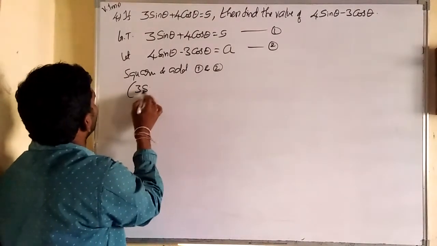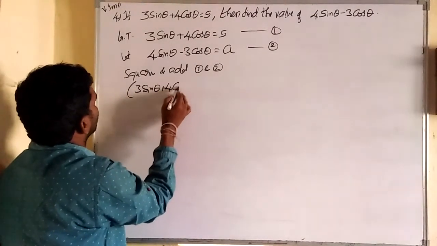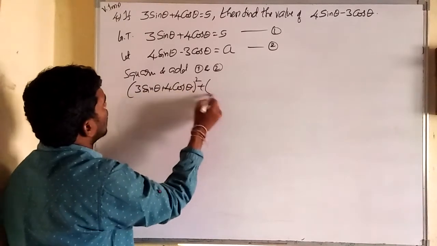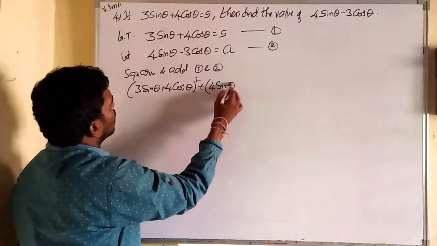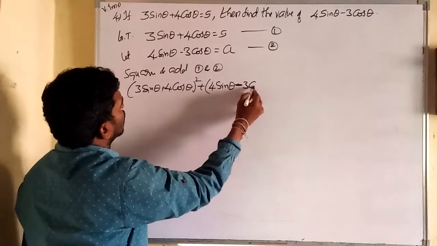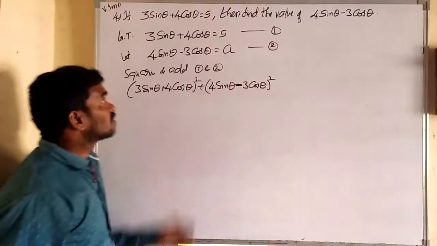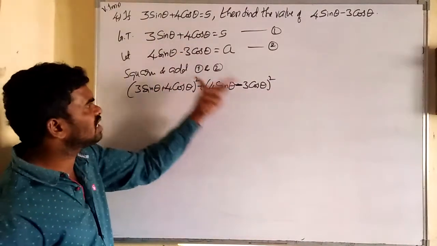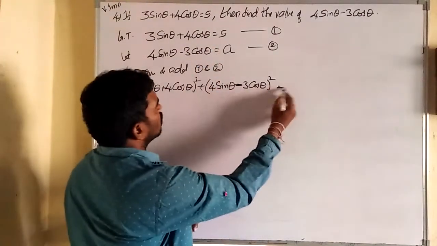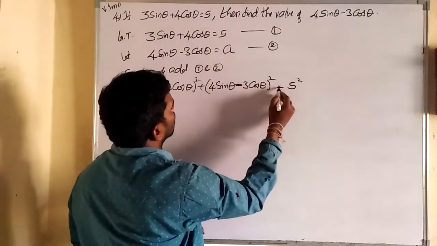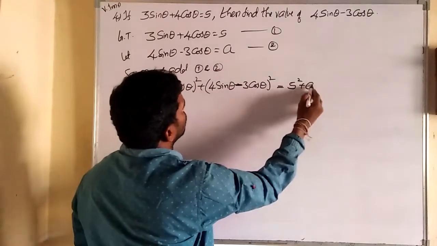So what is the first one? (3 sin theta plus 4 cos theta) whole square plus (4 sin theta minus 3 cos theta) whole square. First one square plus second one square is equal to first one 5 square, second one a square.